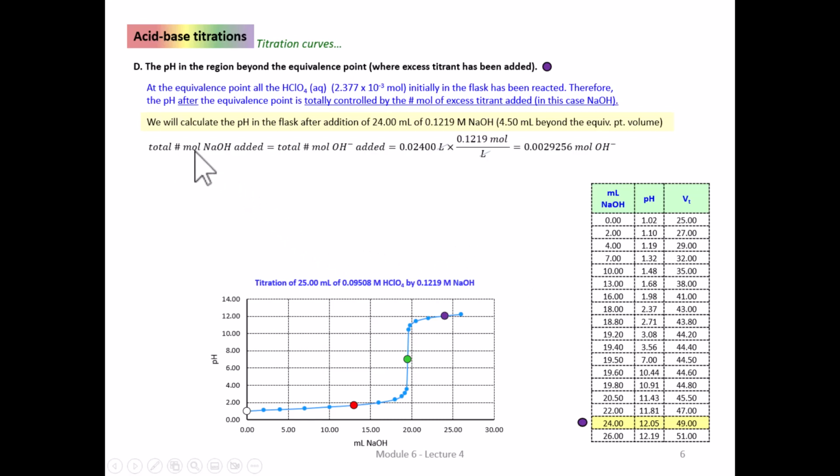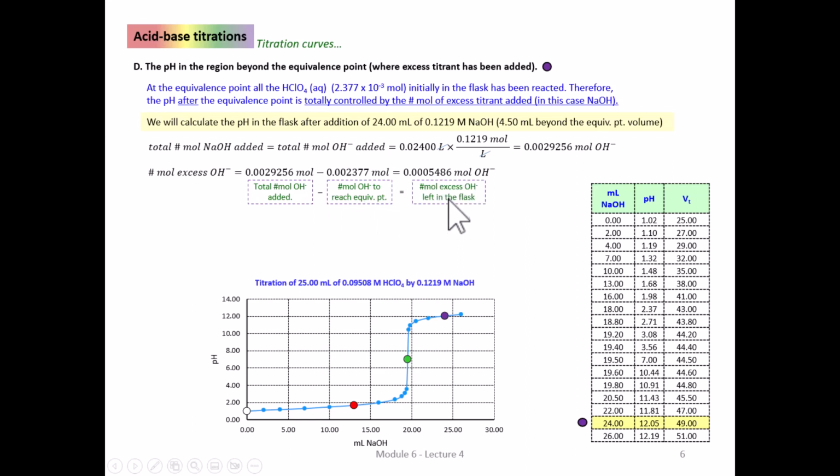Well, how many moles of sodium hydroxide in total did we add? Well, we've added 24 milliliters times the concentration. So in total, at this point, we've added 0.0029256 moles of hydroxide. Now the excess hydroxide would be the total number of moles added minus the number of moles of hydroxide needed to reach the equivalence point.